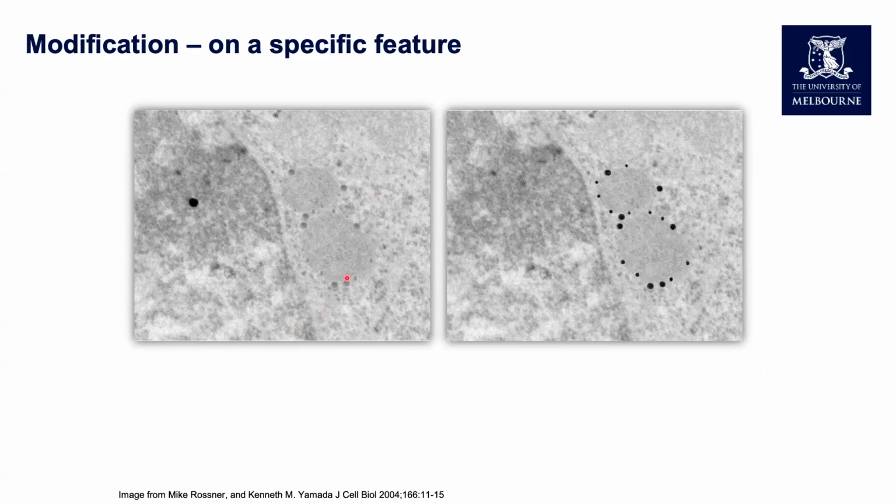But the people here have decided that actually the staining isn't strong enough. I presume they're expecting the staining to be on these structures here. They've actually gone in and enhanced the contrast on those structures. So here we can see some larger nanogold particles as well as some smaller nanogold particles, identifying two different protein sets.